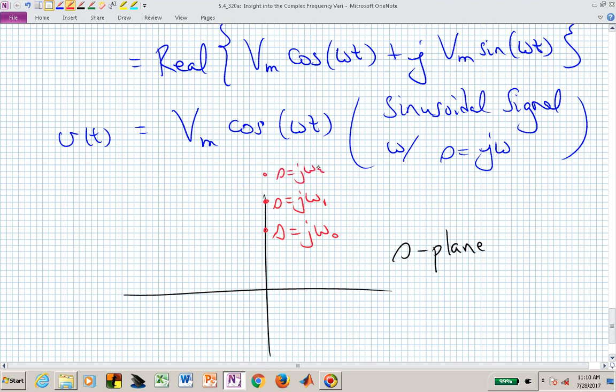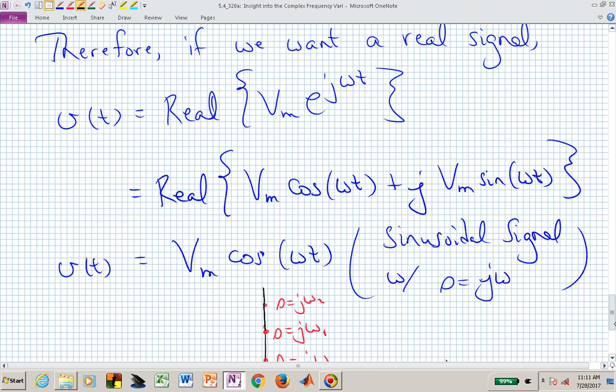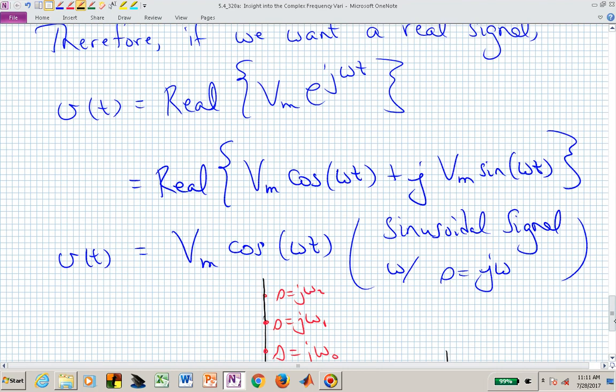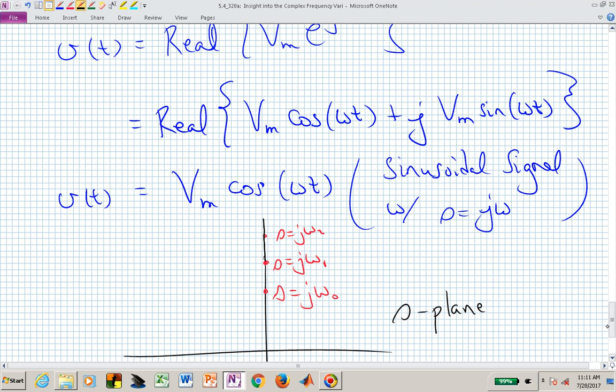We're now on the imaginary axis. If S is a point on the imaginary axis, and we simply look at the real part of that complex spinning phasor, we end up with this sinusoid, in this case a cosine waveform as a function of time.